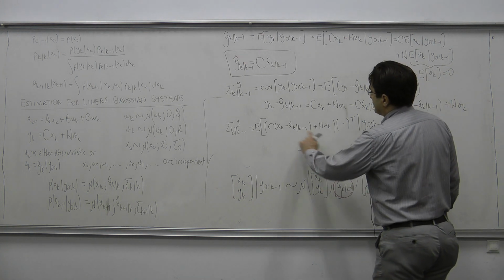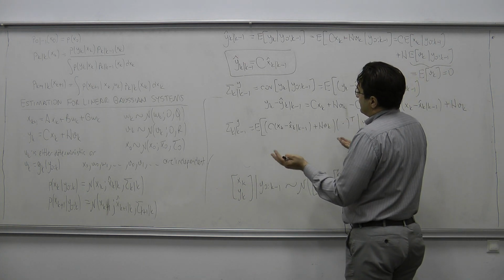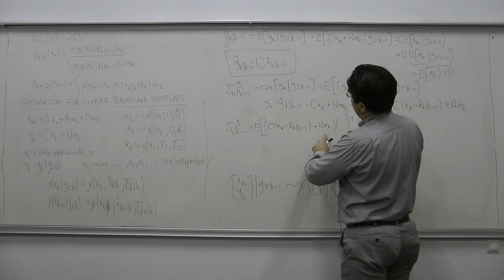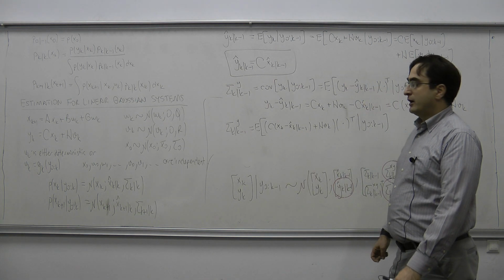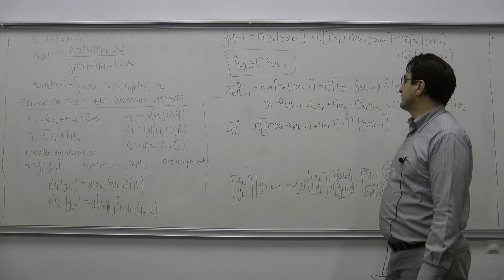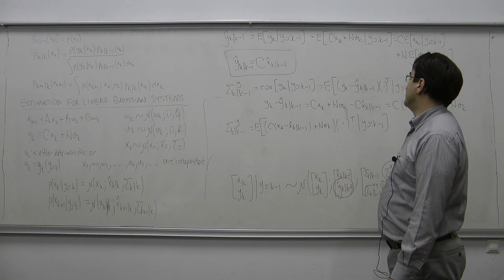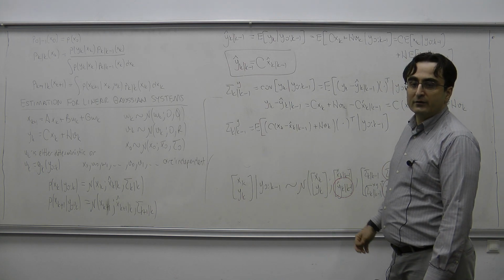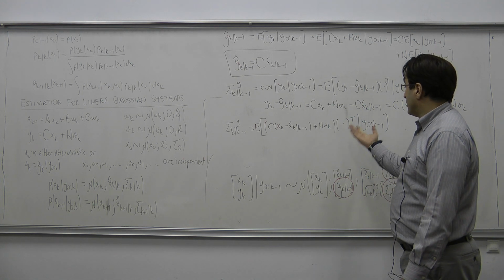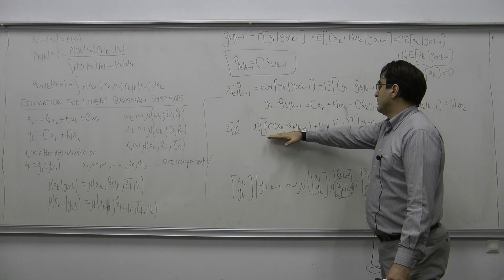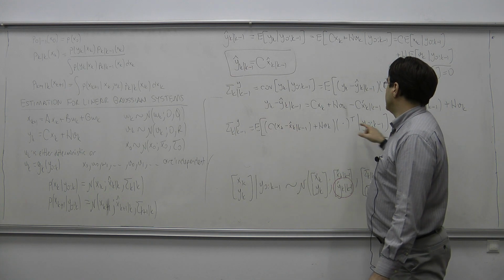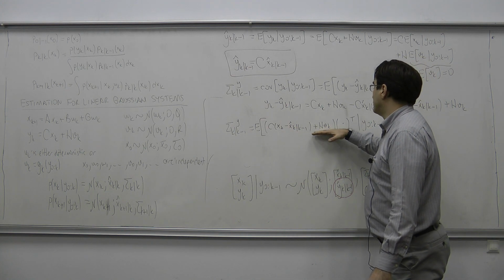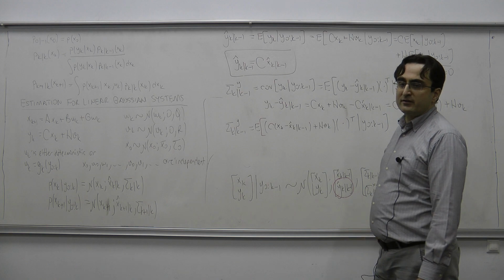So the thing here is that these two quantities are independent, because v_k is independent of all of the states and the previous measurements, and it's also independent of x_k as well. So here, actually, I can calculate the covariance of this quantity given y_0^{k-1} and the covariance of this quantity, and then I can sum.